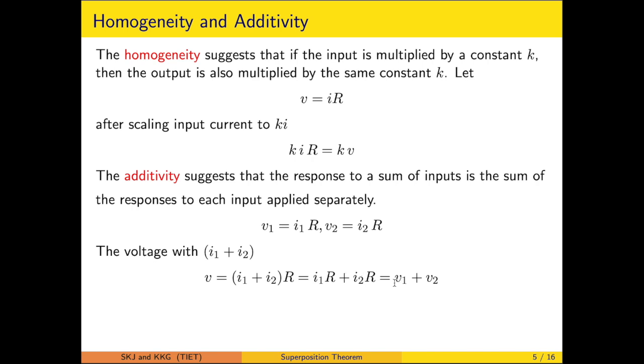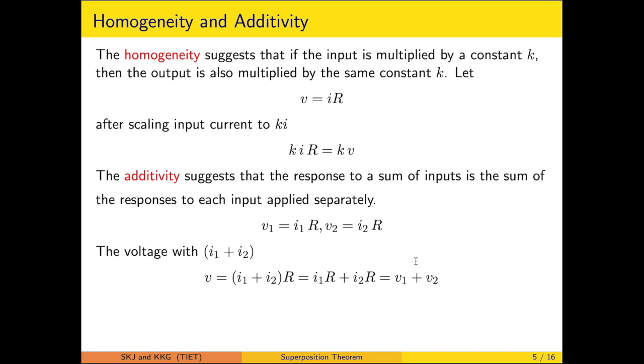This is represented as the sum of the old responses, V1 plus V2. So the additivity suggests that the response to a sum of inputs is the sum of the responses to each input applied separately. So this we have seen for the single elements.